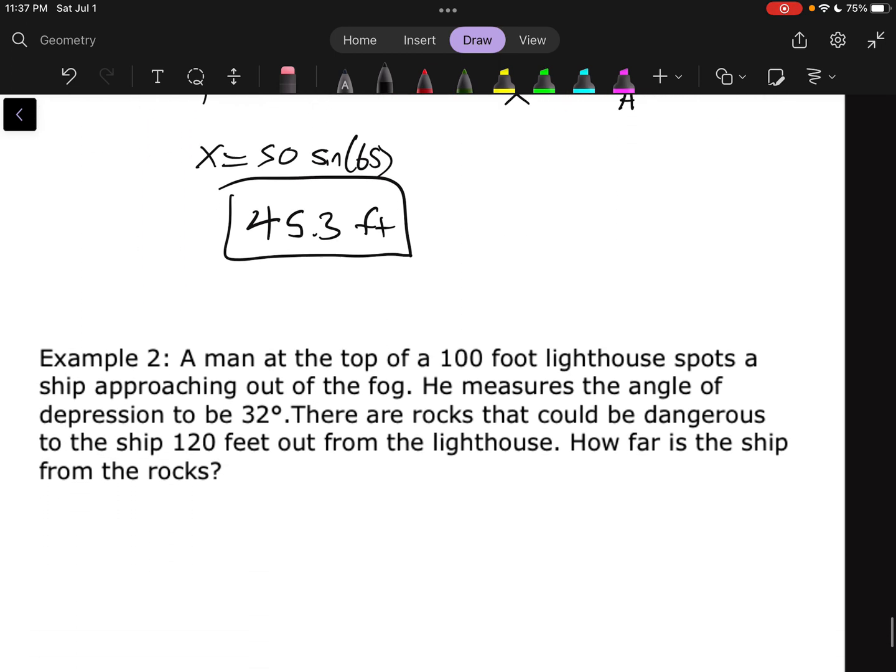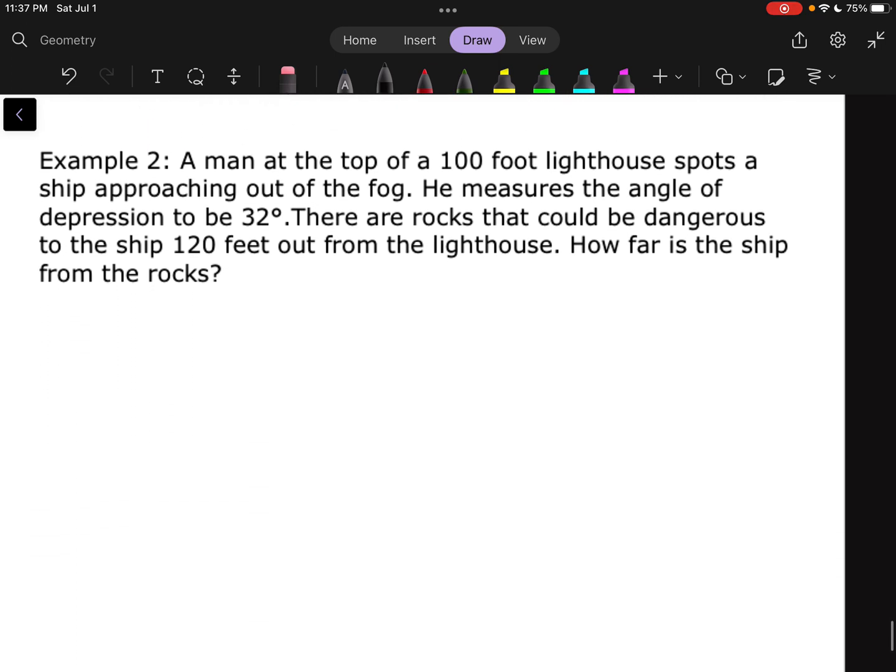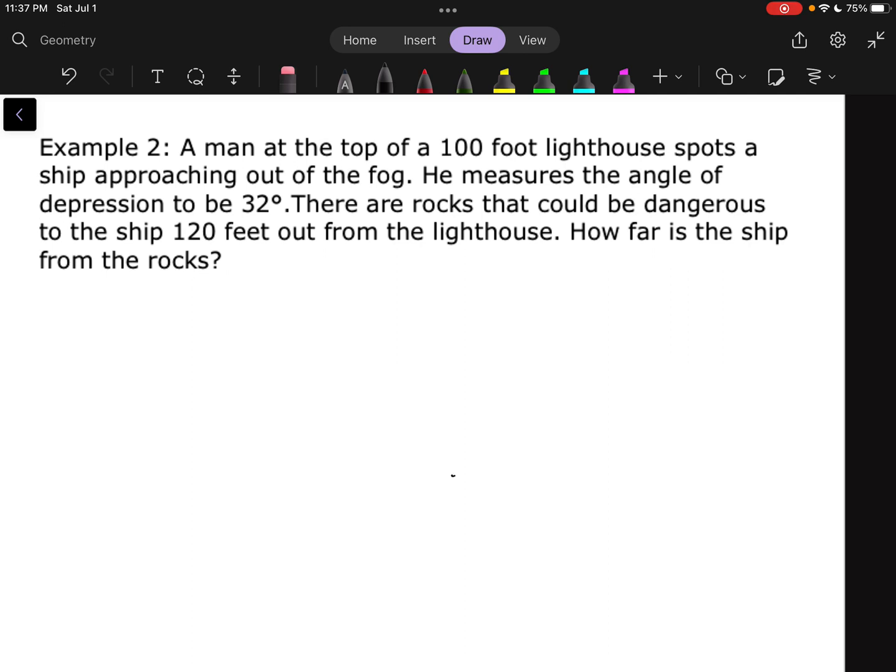All right, and then lastly, we got a man at the top of a 100-foot lighthouse. So here's our guy. He's up at the top of this lighthouse, and he spots a ship approaching in the fog. There's our ship.